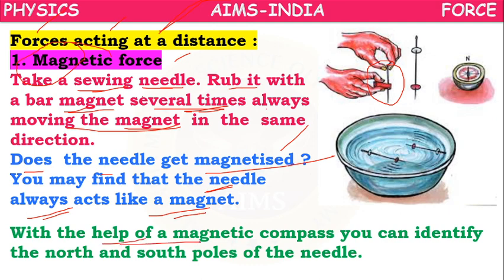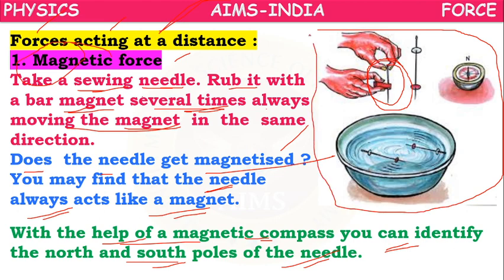With the help of a magnetic compass, we can identify the north and south poles of the needle. Now we can identify the south pole and north pole by this small experiment.